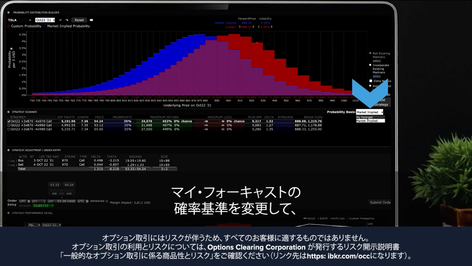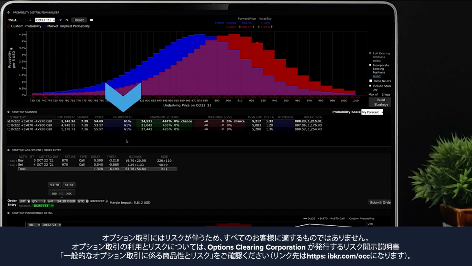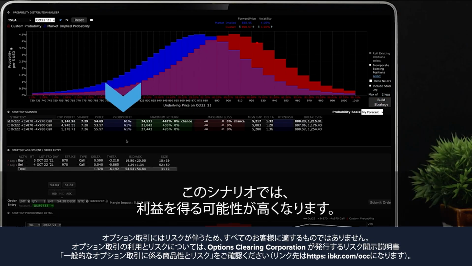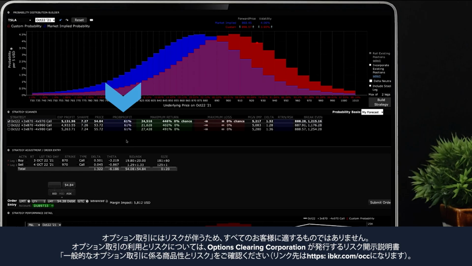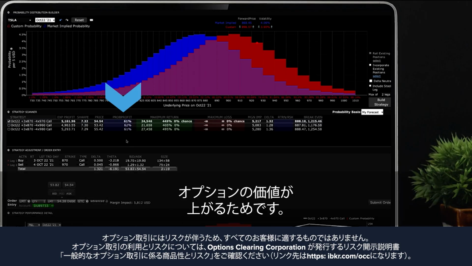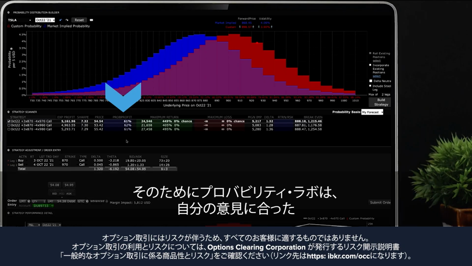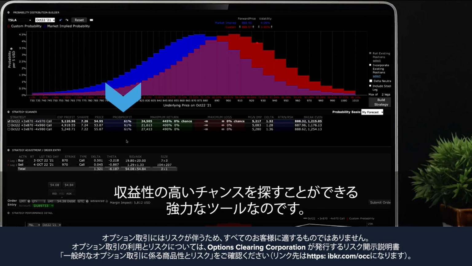Change the probability basis to My Forecast and now check the Probability of Profit field. Under this scenario, the chance of profit is higher. The reason is that options are more valuable at the higher prices built into the custom scenario. That's why the Probability Lab is a powerful tool for enabling you to search for potentially profitable opportunities to suit your views.